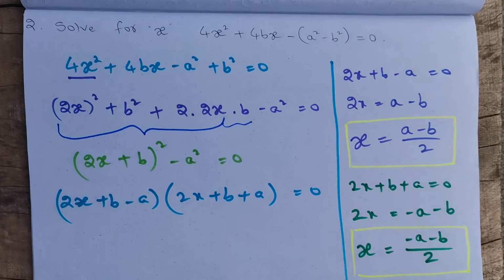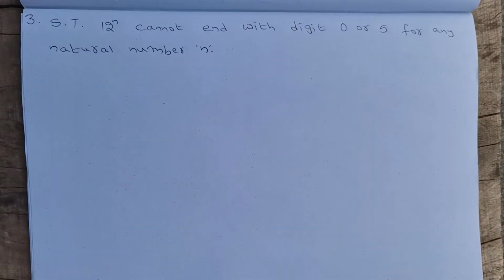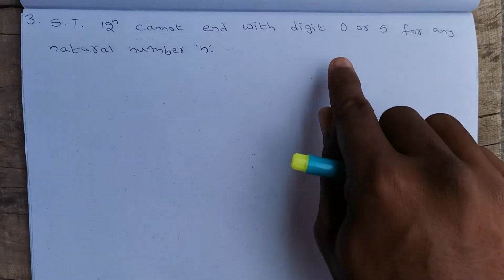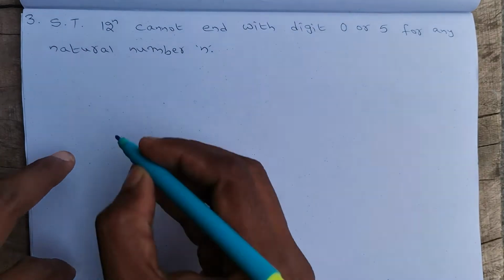Okay, let's move to question number 3. We have a question like this. Show that 12 power n cannot end with the digit 0 or 5 for any natural number n. First, let us check whether it will end with the digit 0 or not.